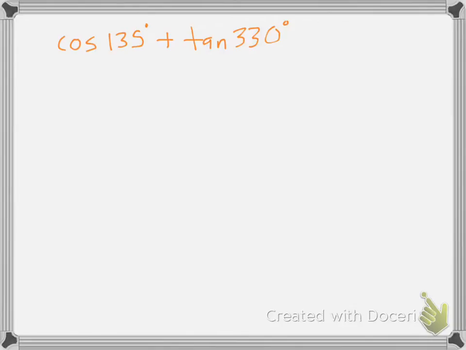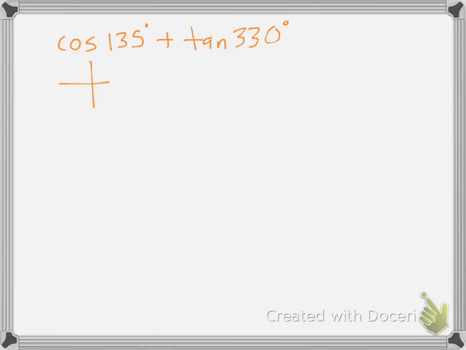Okay, we're starting to get there. Guys, this one deals with reference angles and no coterminal angles are needed. So what we need to do here is say, cosine of 135. Back after the internet dropped.